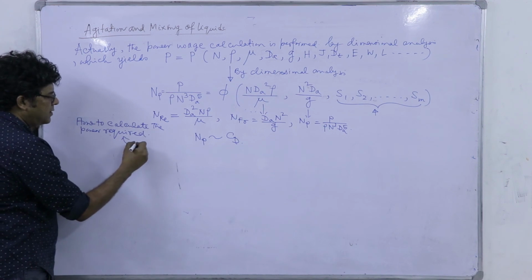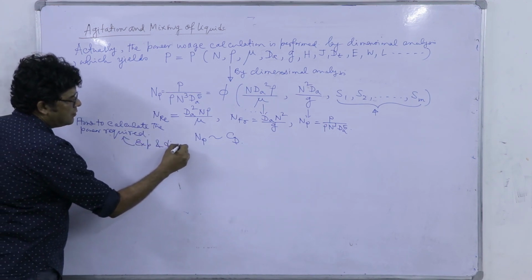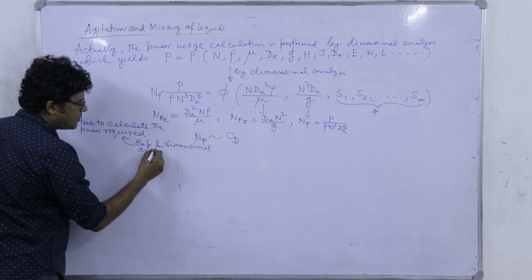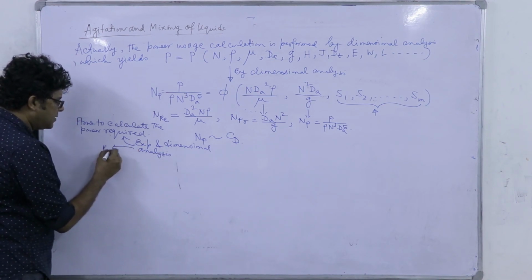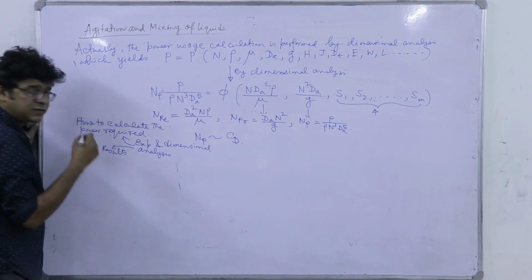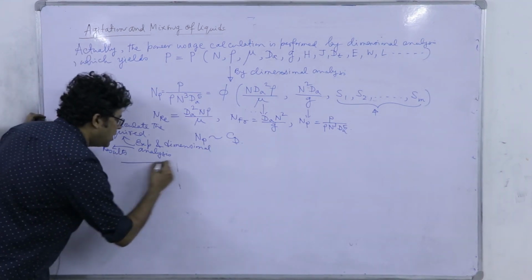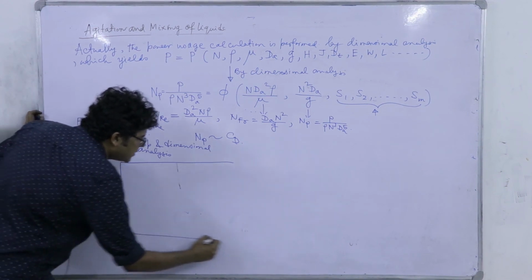That is via experiment and dimensional analysis. And what are the results of that? That we will discuss, which is general and we can use it for any sort of this analysis.